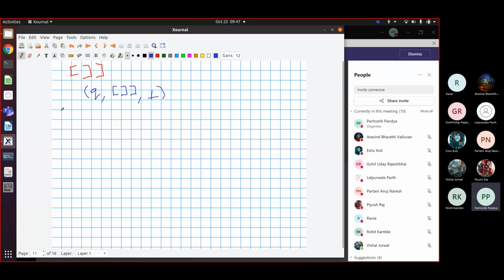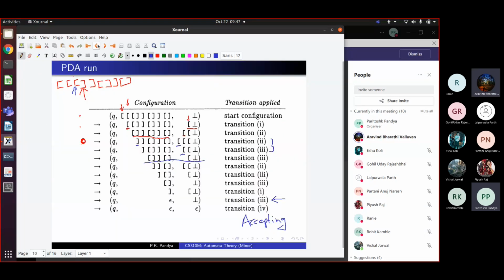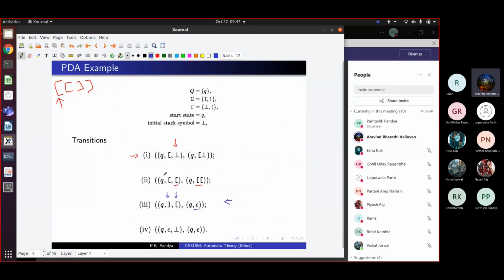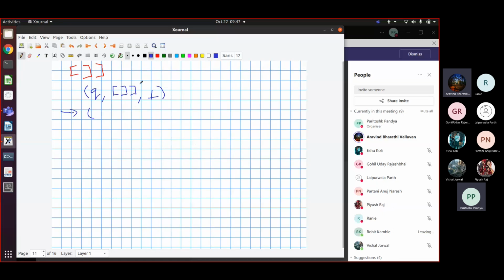What will be the next move and what will I get? You will process the first letter basically. So which rule? At the top of the stack is the bottom symbol. It's an open symbol, so we just have to put that first letter onto the stack.